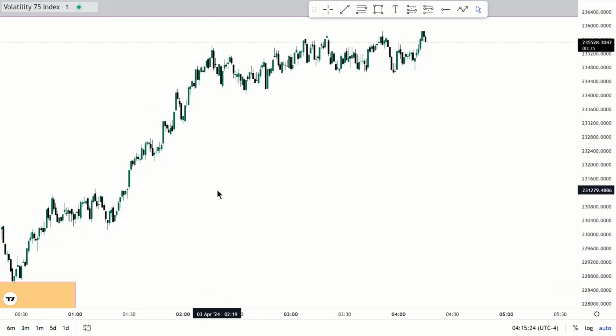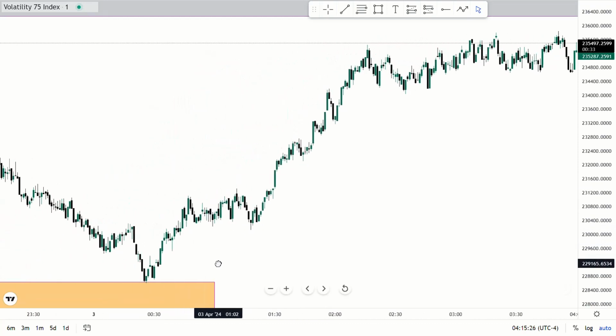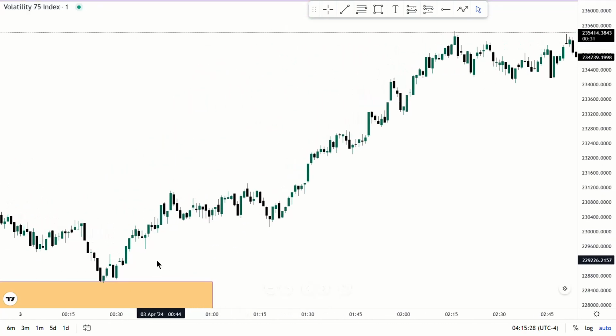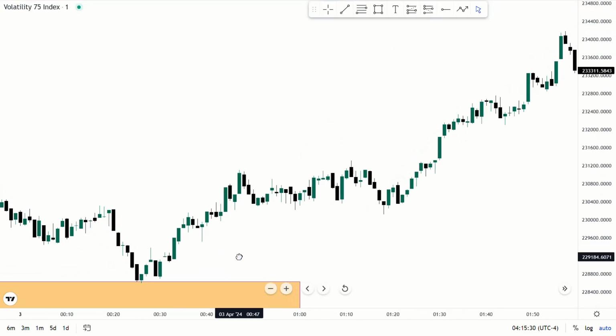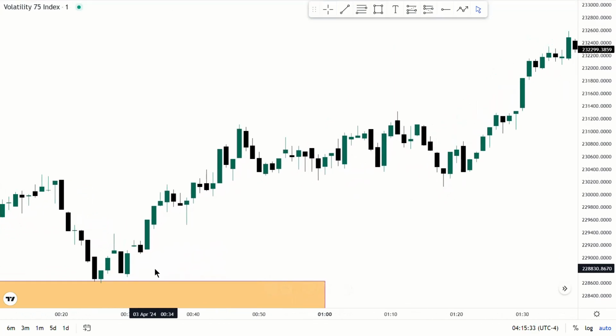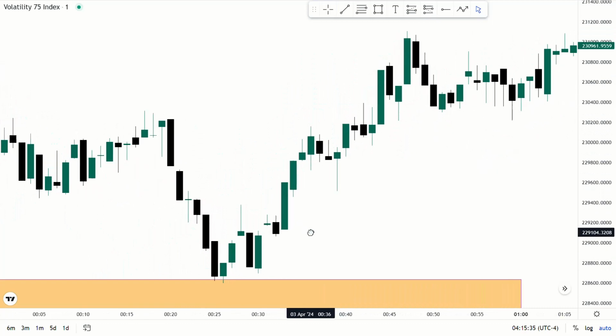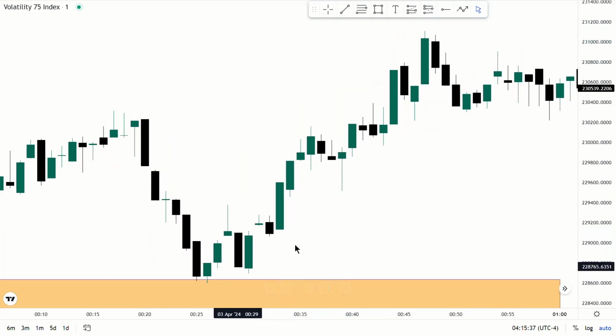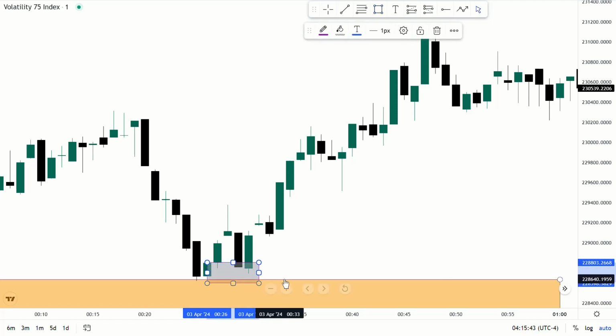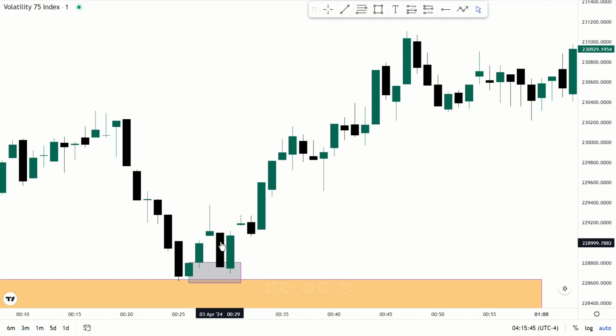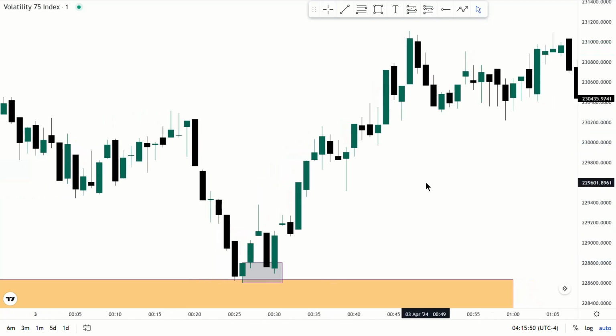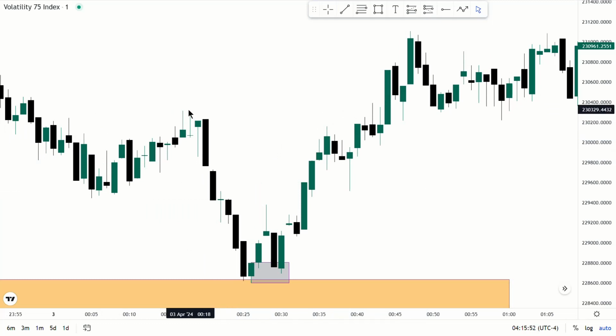Let's go down. So even here there was a single candle order block, right here. The market just tapped it, then started going to the upside, and after doing that, there was this change of character right here.